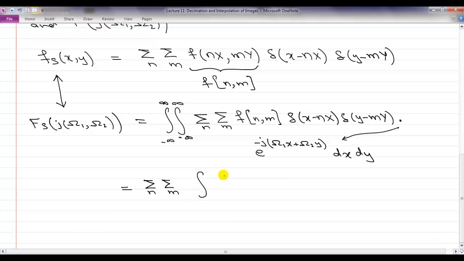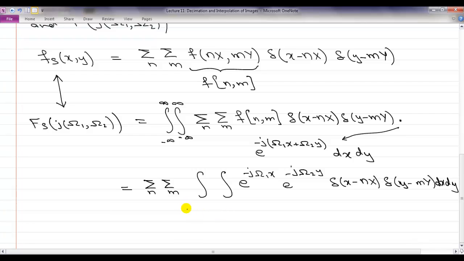So we can write that as e to the minus j omega 1 x, e to the minus j omega 2 y, delta of (x minus nX), delta of (y minus mY), dx dy.